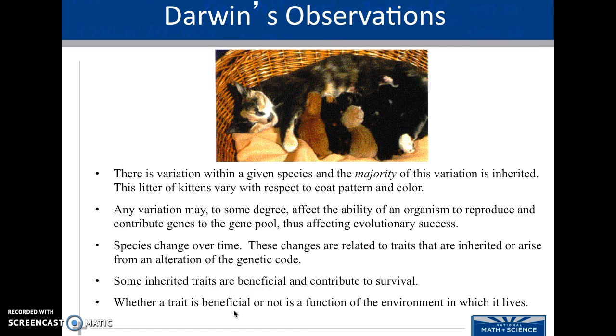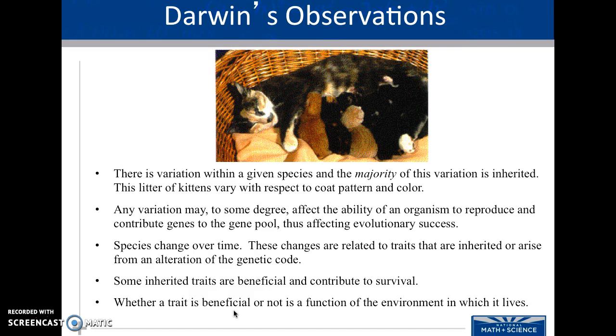All of these different variations, to some degree, affect the ability of an organism to reproduce and contribute to the gene pool or to survive, therefore affecting its evolutionary success. Now we would say that height and hair color and eye color, although those are variations, don't really impact our success and our ability to pass on our genes as much, but there are certain things about us as humans or other organisms that will.